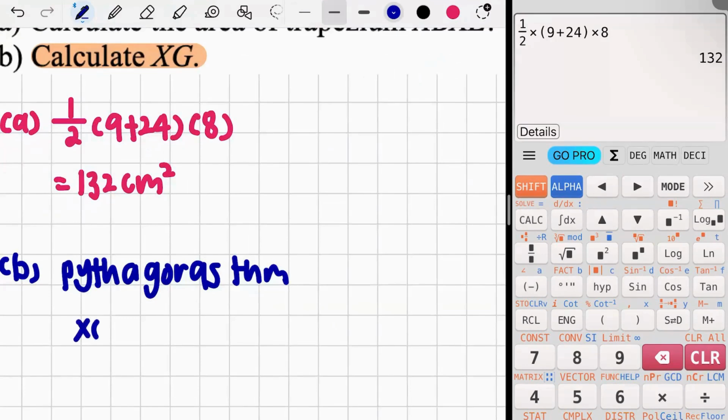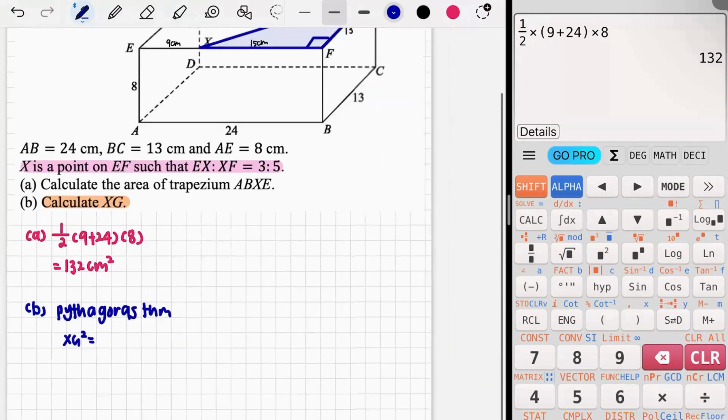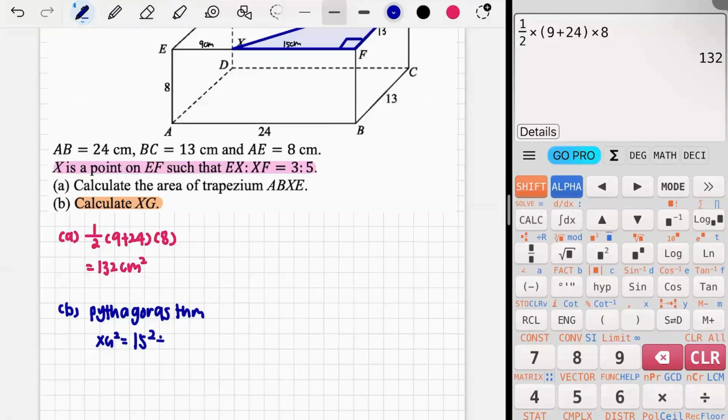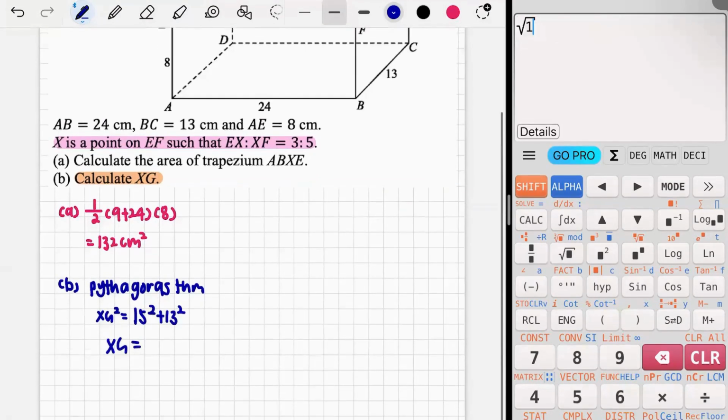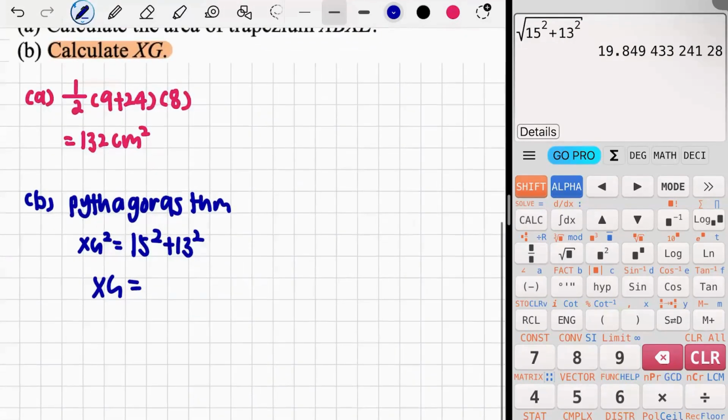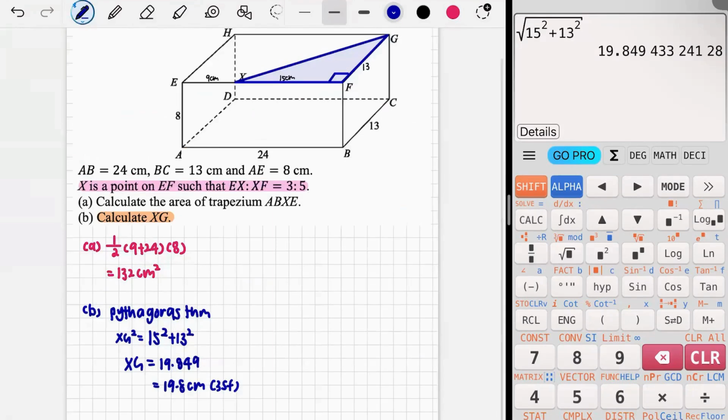We have XG squared will be 15 squared plus 13 squared. To find your XG, you just need to square root. I just put a bit more SF just in case, I don't know whether I need it below or not. So 19.8 for 3 significant figures. So quite easy, this one. Okay, we look at the next part.